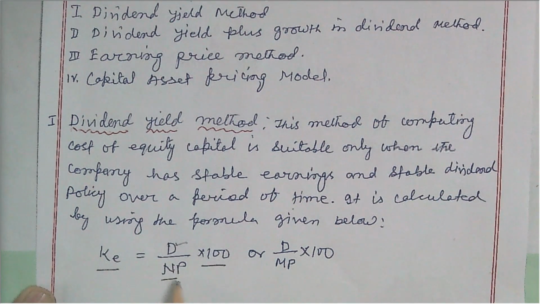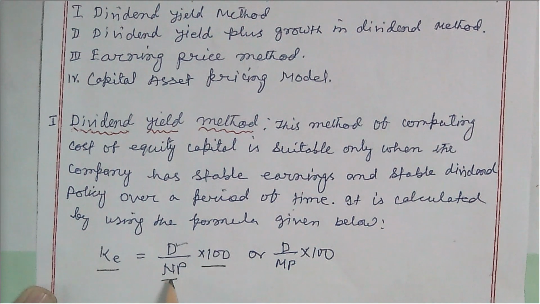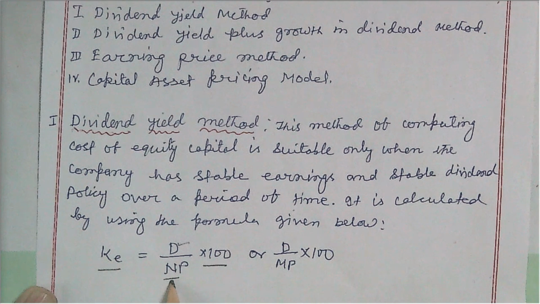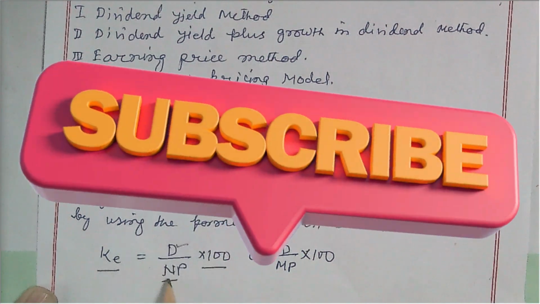We get these terms regularly in the cost of debenture, the cost of preference share capital, and even in the cost of equity share capital. The concept is the same.